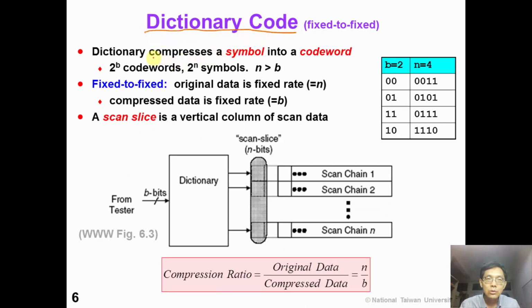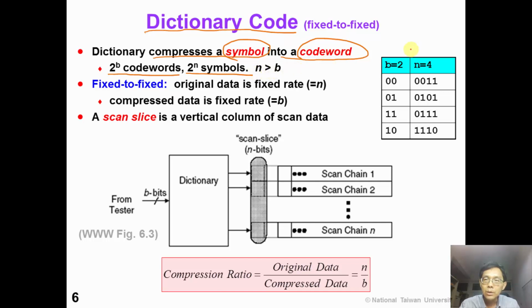The idea of dictionary code compression is we can translate a symbol into a code word. Typically, the number of bits in the code word is much smaller than the number of bits in a symbol.